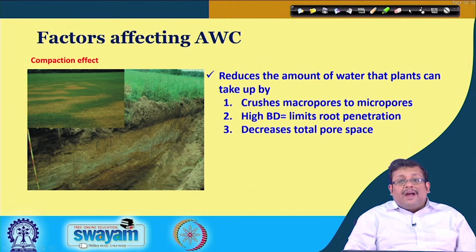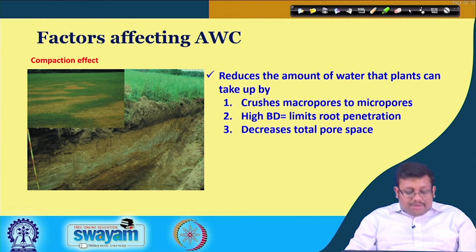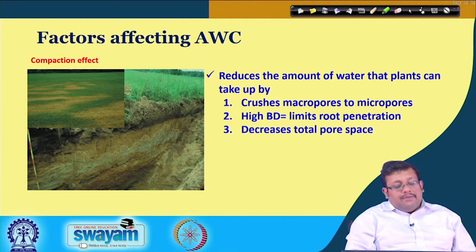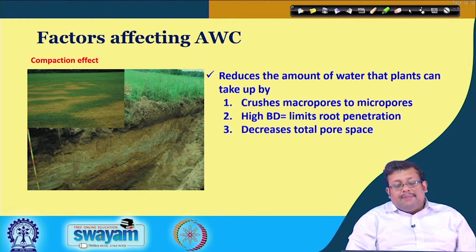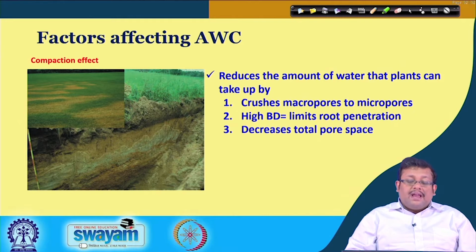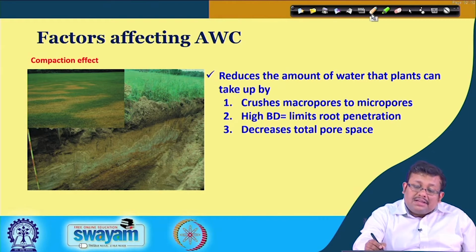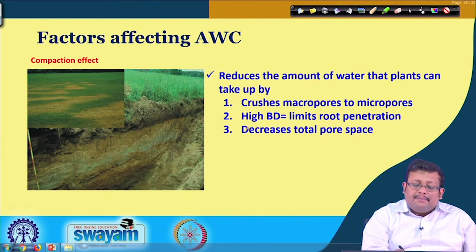Finally, we should talk about the compaction effect, which is very important. Remember that when we compact the soil, it reduces the amount of water that plants can take up by crushing the macropores into micropores, and compaction also increases the bulk density.